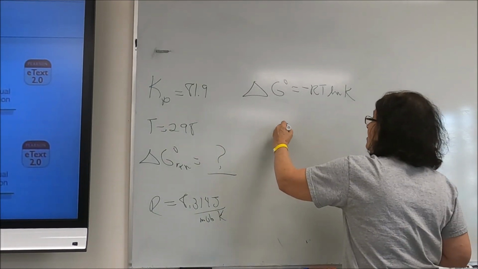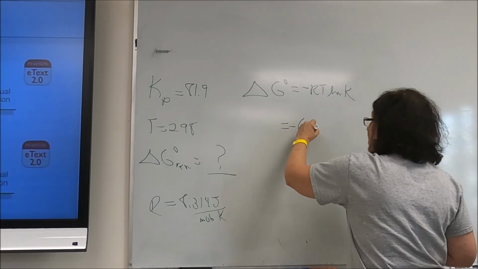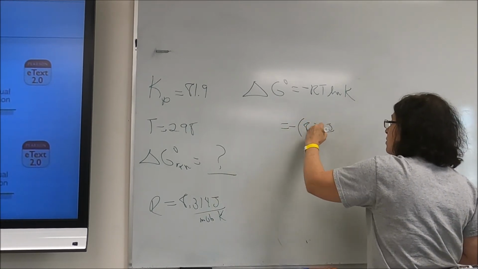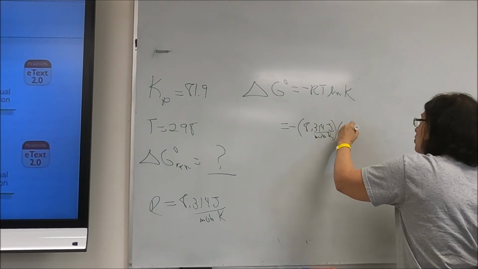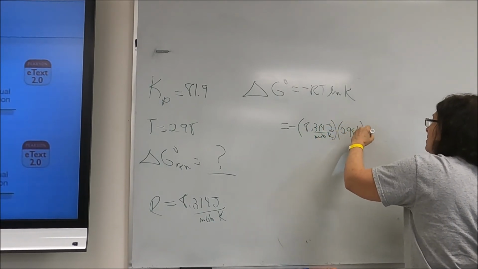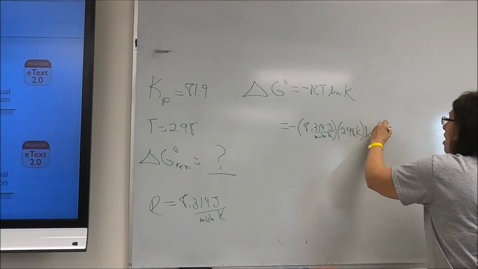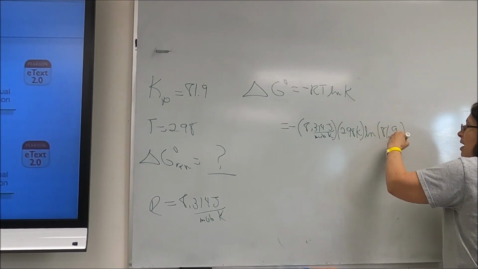So if I plug this in, I have a minus 8.314 joules over moles Kelvin times the temperature, 298 K, times the natural log of 81.9.